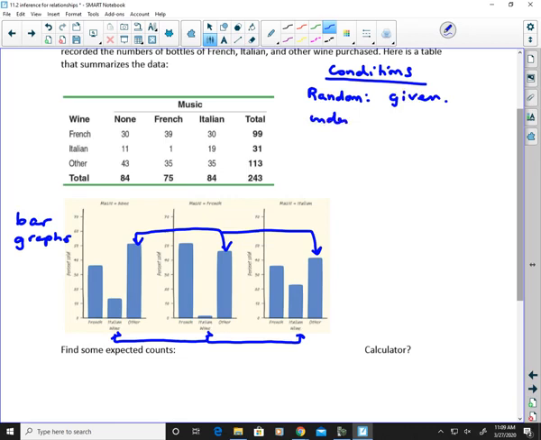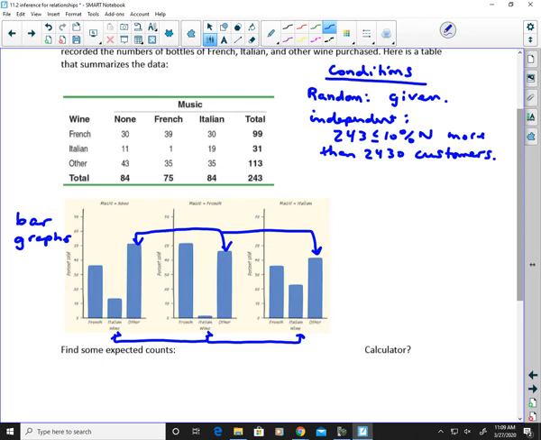Independent: I would just go with my 10% check to keep it easy. I would say that there are more than 2,430 customers, most likely. So I feel like that's it.